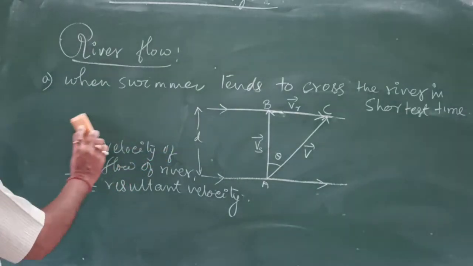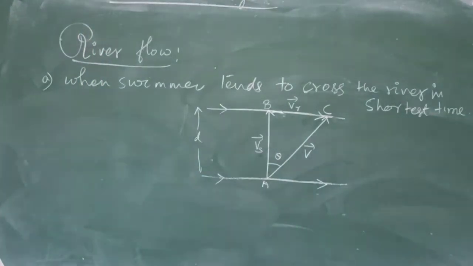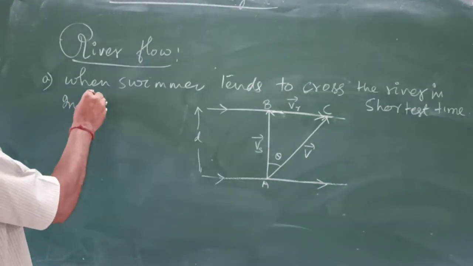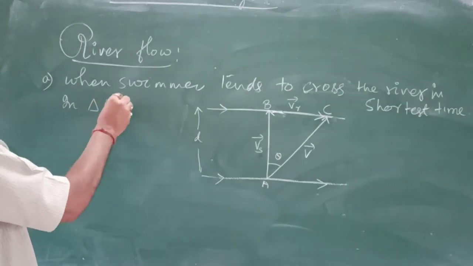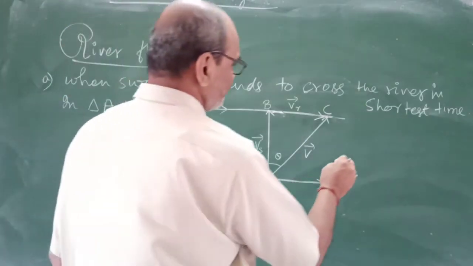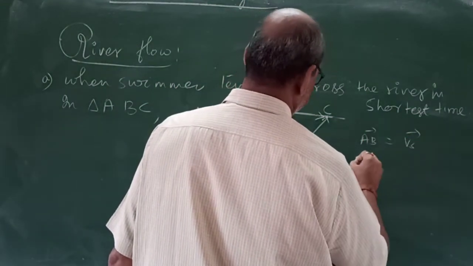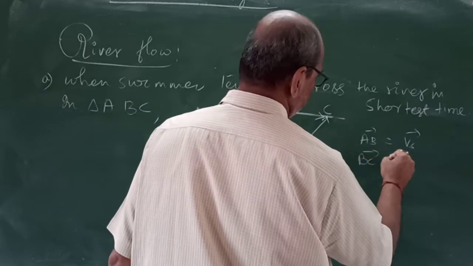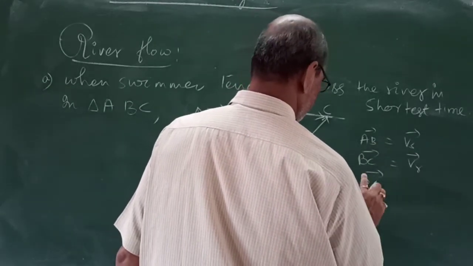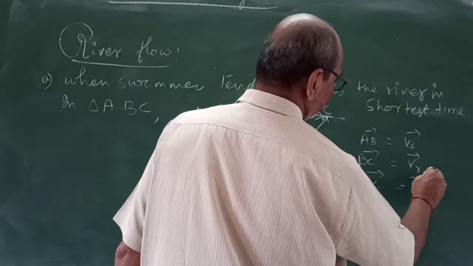Therefore, in right angle triangle ABC, side AB is equal to velocity Vs, BC is equal to velocity of river, AC is the resultant velocity.